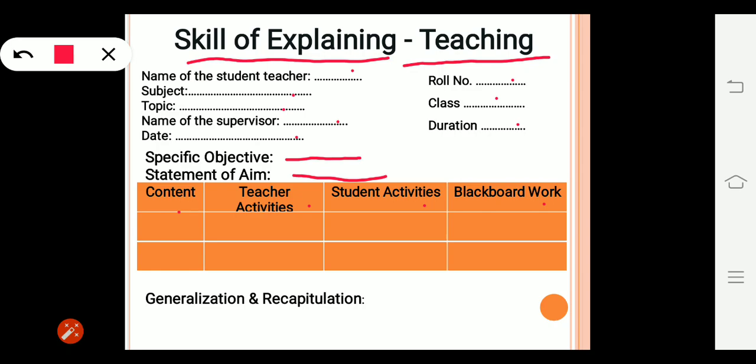Underline the topic written under blackboard work and do not underline the topic written under content part. For example, if the topic is poverty, write poverty in content part, but do not underline it. Write poverty in blackboard work also and underline the word.